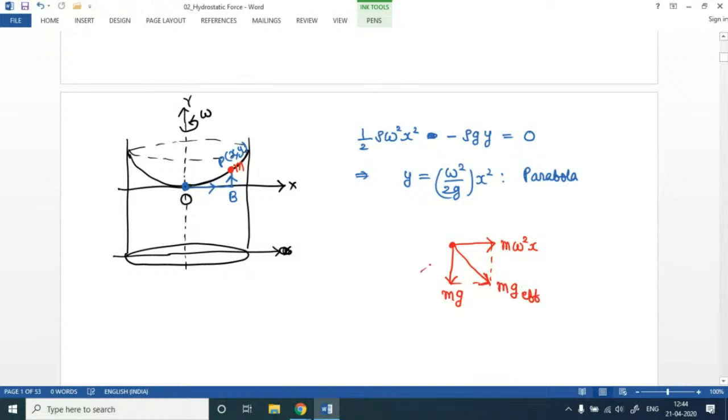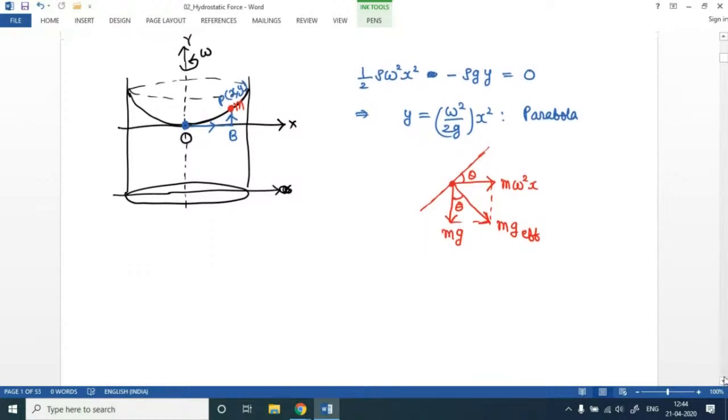Okay, and perpendicular to this would be the tangent at the surface. So if this angle is theta, this angle would be theta as well. So very clearly we can say that tan theta will be equal to omega square x by g, and tan theta, the slope of tangent at that point, is basically dy by dx.